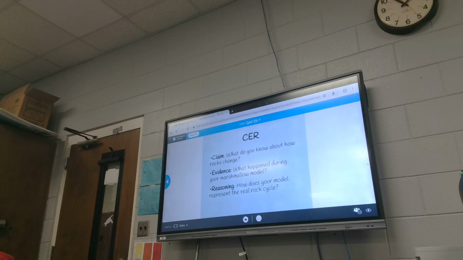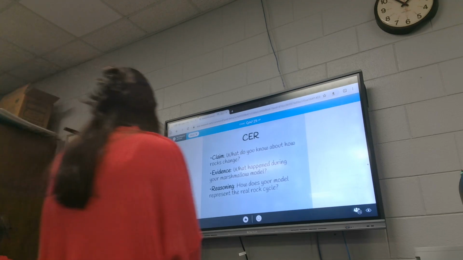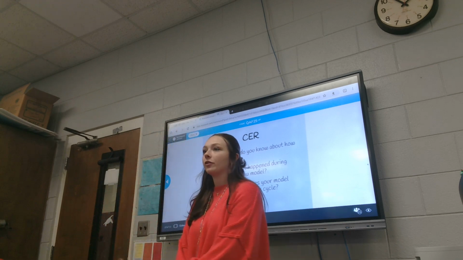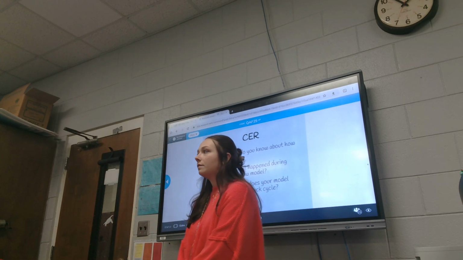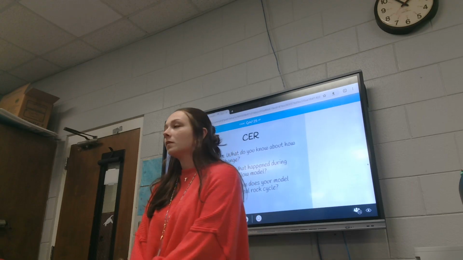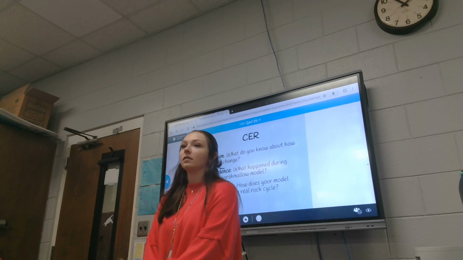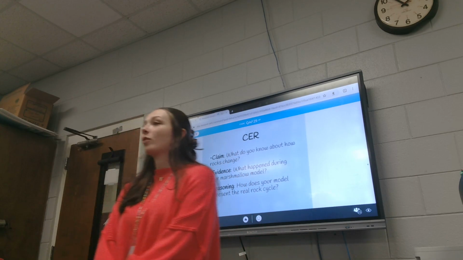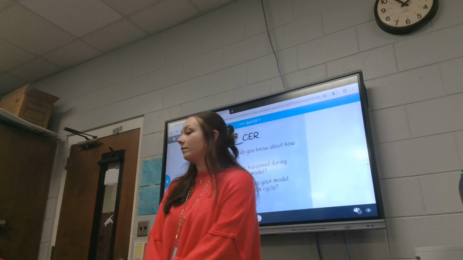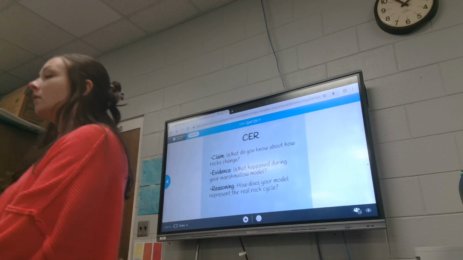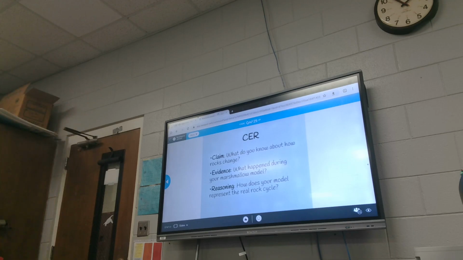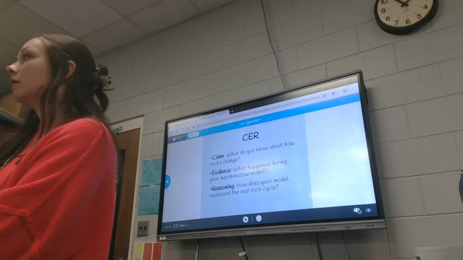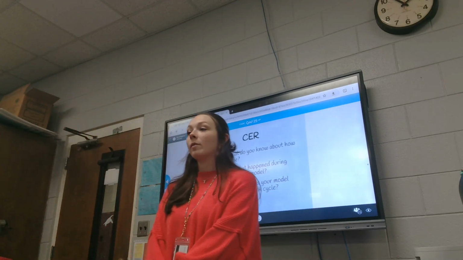Okay, now for reasoning. How does your model represent the real rock cycle? What are some things that we did that happened to actual rocks to cause igneous, sedimentary, and metamorphic? For sedimentary rocks, we tore them. We pushed together other rocks and caused them to form a new rock.